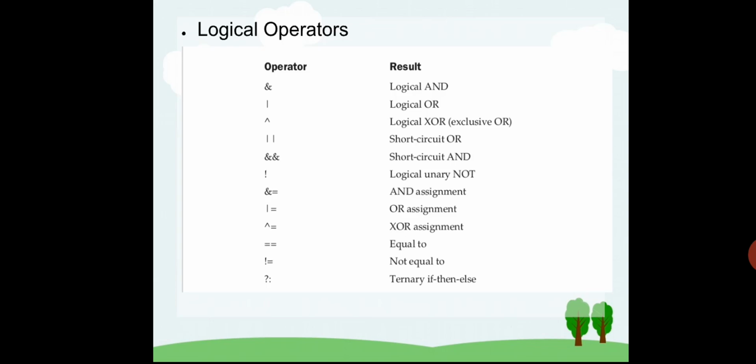So logical AND, logical OR, XOR, and as I was telling in the initial explanation, there are some new operators introduced in Java, that is short circuit OR. Can you see? Double OR, double AND, short circuit AND. Those concepts are new to Java.